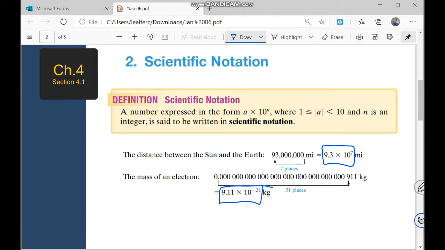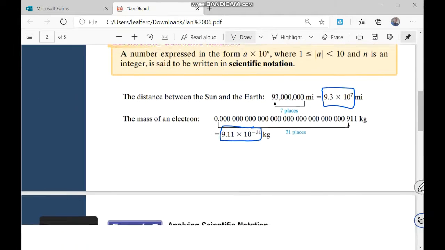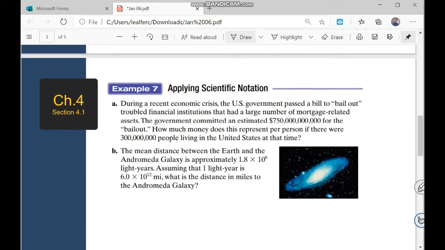And there's less of a chance of missing one zero or adding one zero, right? It's less probable, there are fewer chances to make mistakes. So that's scientific notation. Let's see a few examples, apply scientific notation, and then we will work on several other examples on the quiz.